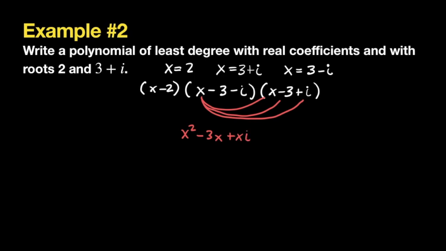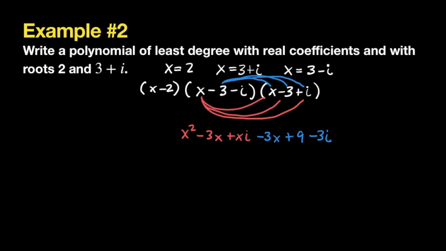Then we're going to multiply -3 times the 3 terms again, and we get -3x plus 9 minus 3i.